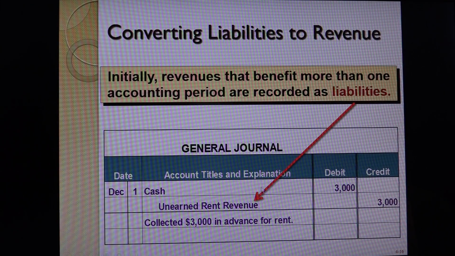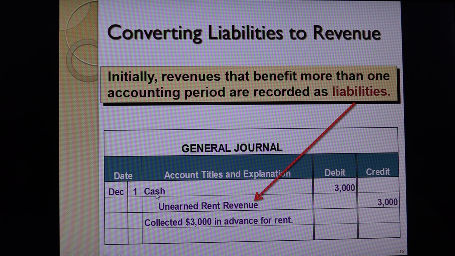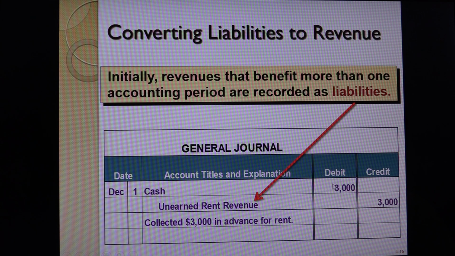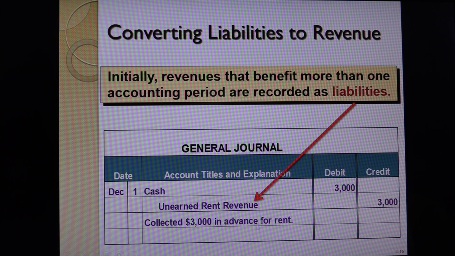So let's see what happens. Originally or initially, they book the cash receipt, debit $3,000, and they book unearned rent revenue, $3,000. Okay, so there's your liability.